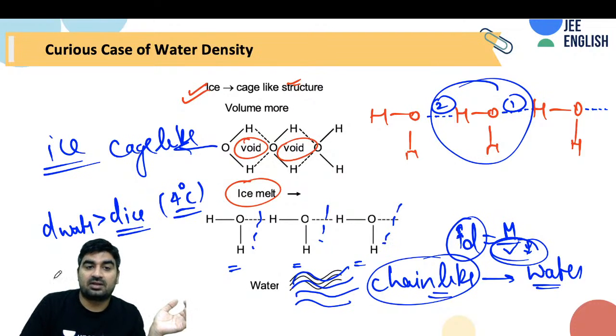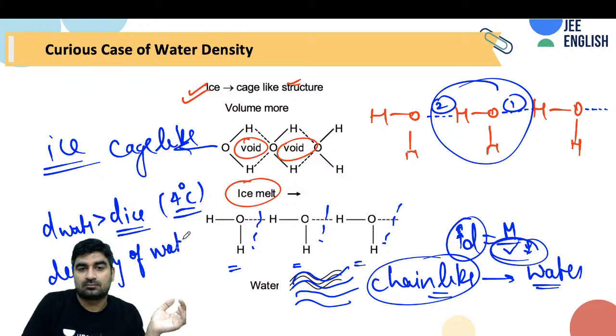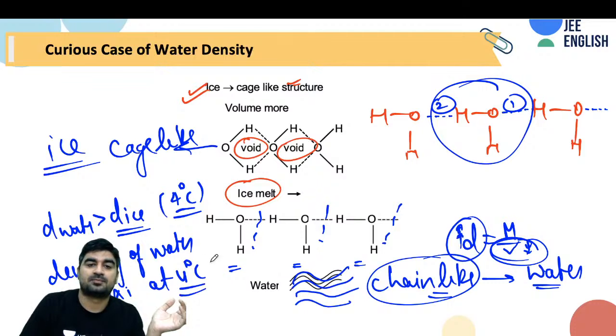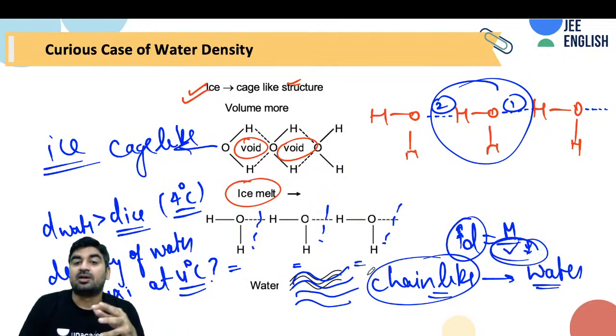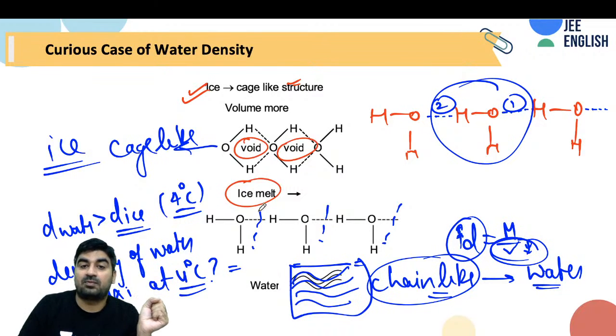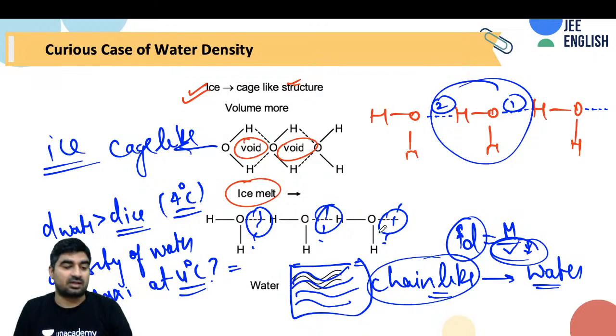And that's why we say that density of water is maximum at 4 degrees Celsius. Why? Can you tell me? Because in chain-like structure the packing is efficient, but if you further increase the temperature, now what will happen?